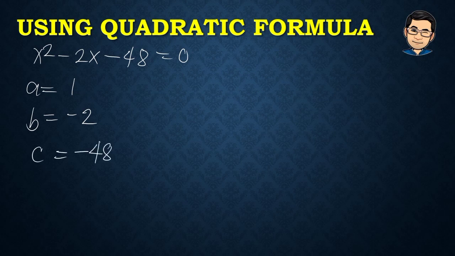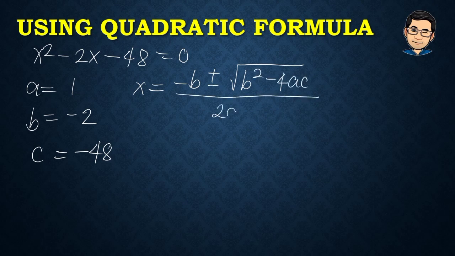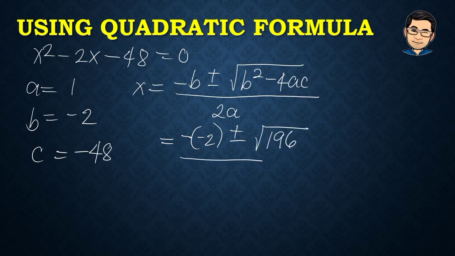And then the formula for quadratic equation, negative b, plus minus the square root of b squared minus 4ac all over 2a. So our negative, the value of b is negative, tapos times negative 2, plus minus, so the value of b squared minus 4ac, that is 196, all over 2 times a, 1.